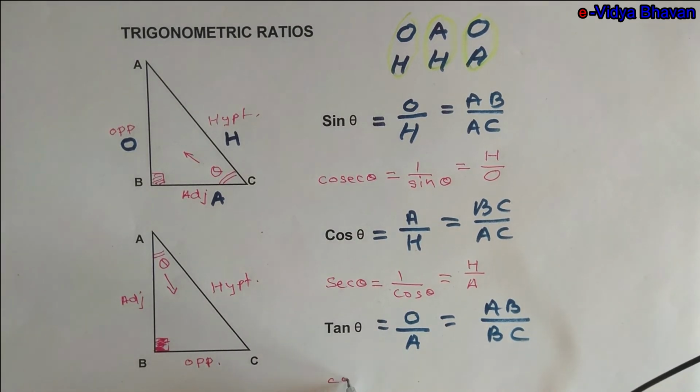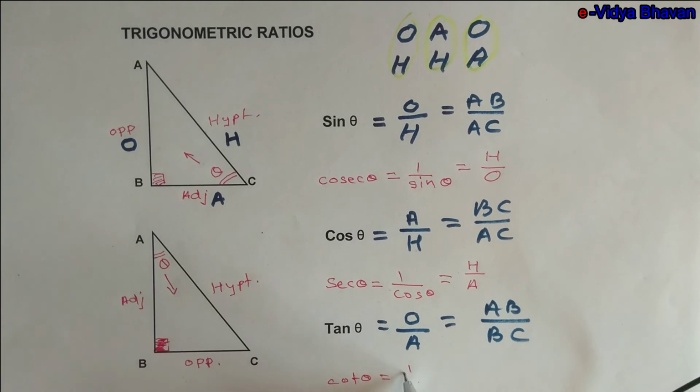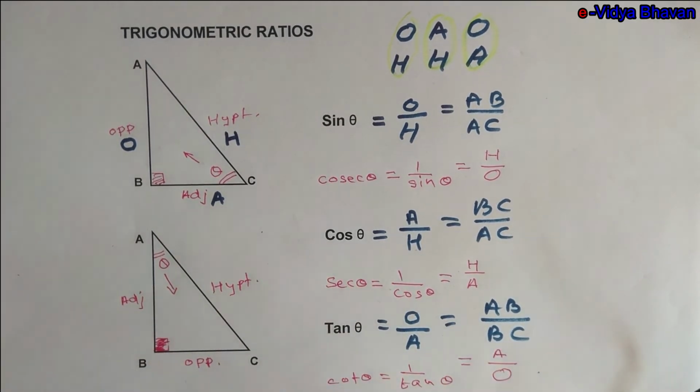So cot theta is equal to 1 upon tan theta. That is O upon A, you will write A upon O. So we are done with the 6 trigonometric ratios. See you in the next video lecture, where we are going to further study the same formulas in continuation.